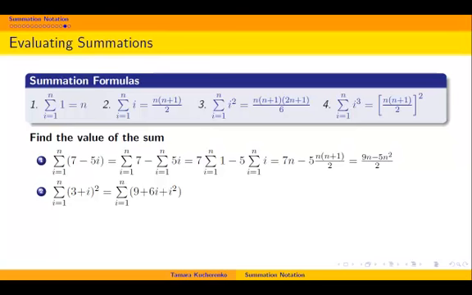We distribute the sum to each of the 3 terms of this polynomial and factor out constants. We obtain 9 times the sum of 1 plus 6 times the sum of i plus the sum of i squared, where i runs from 1 to n.